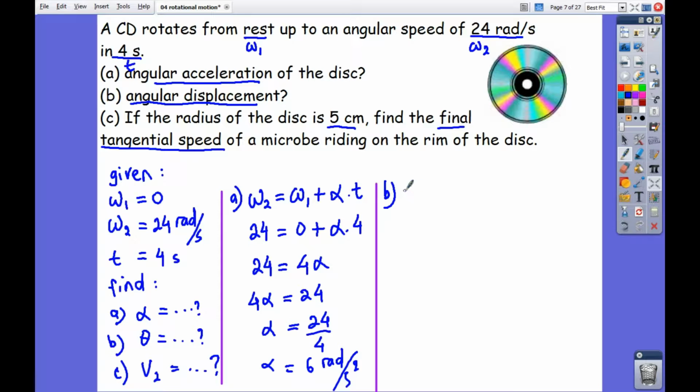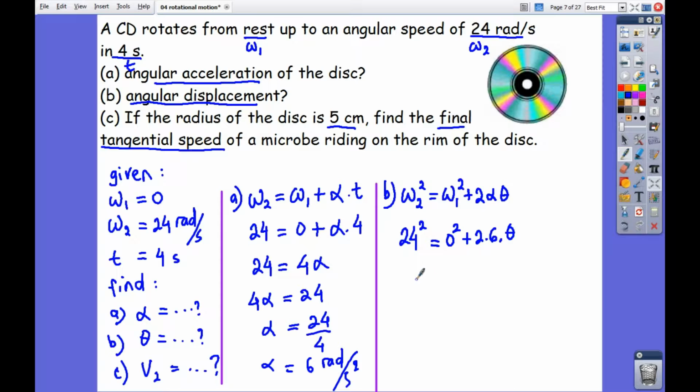I'm going to use the third formula: omega 2 squared equals omega 1 squared plus 2 alpha theta. As we know, omega 2 is 24, squared, equals 0 squared plus 2 times 6 times theta.